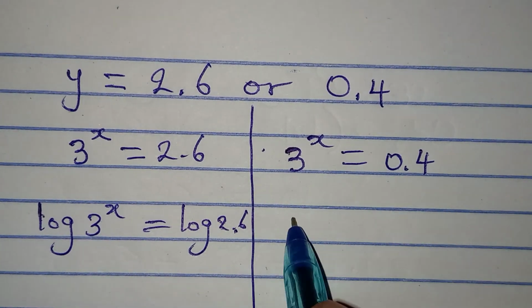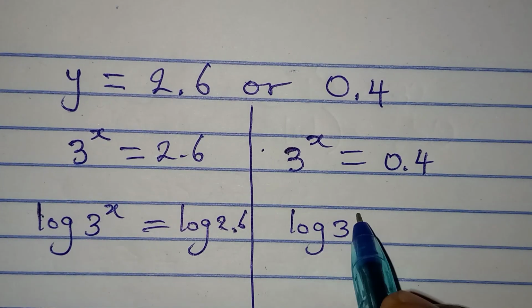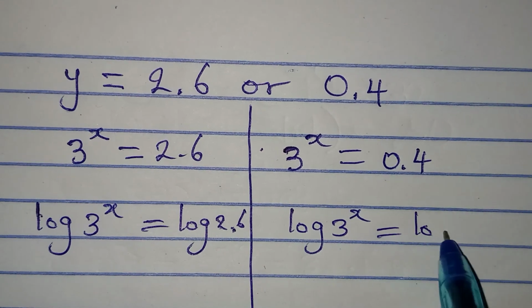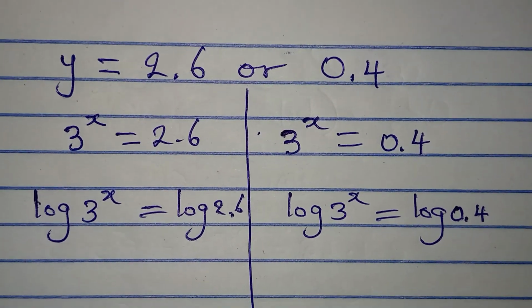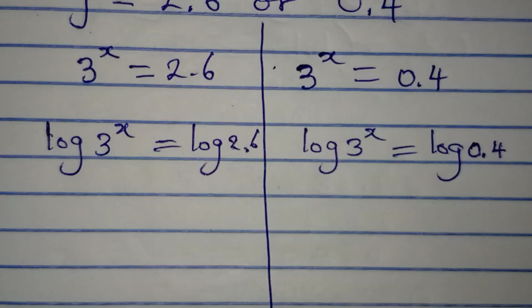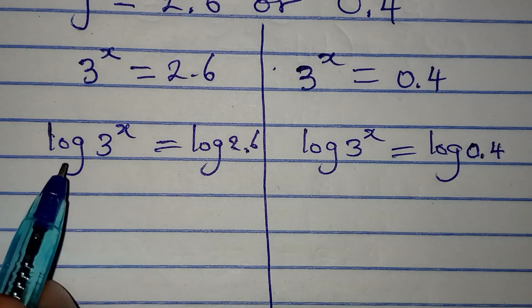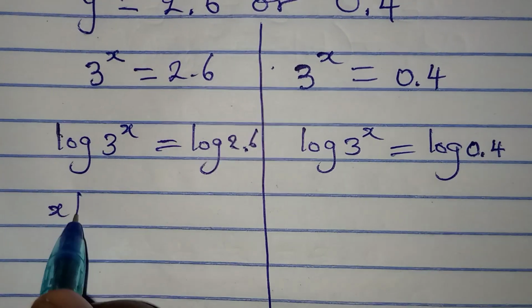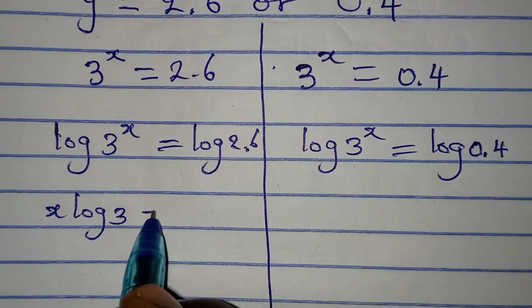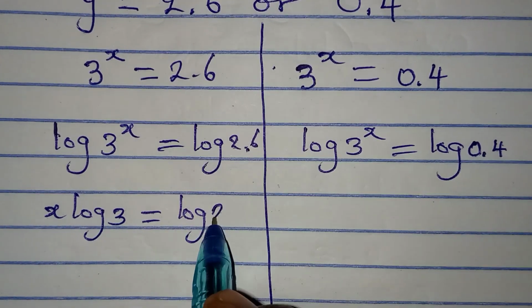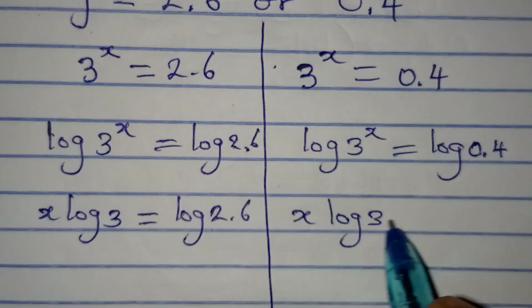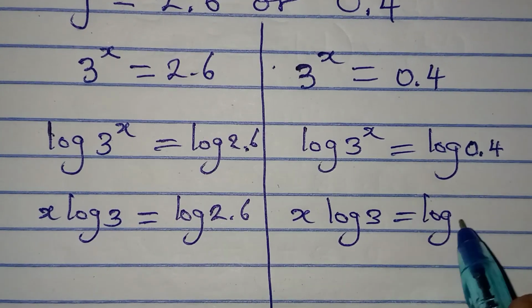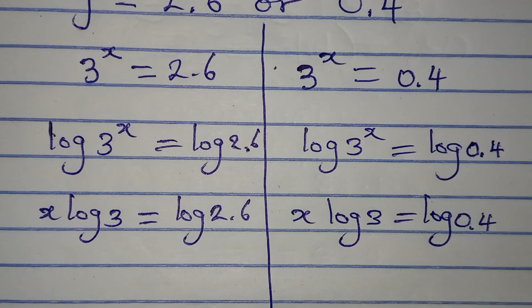And on this side, we have log 3 to the power of x equal to log 0.4. Okay, so let's do it concurrently, so that from here x log 3 will be equal to log 2.6, and x log 3 will be equal to log 0.4.